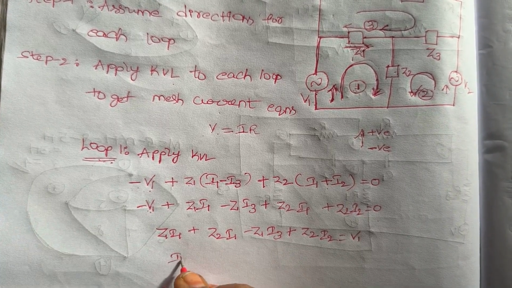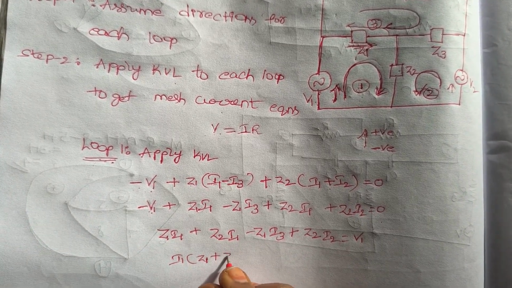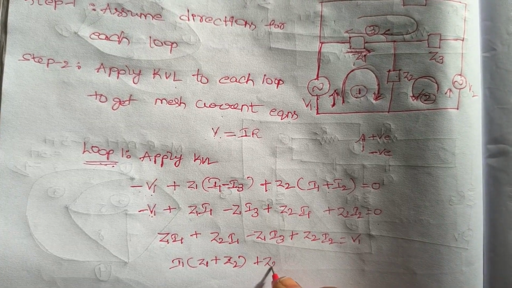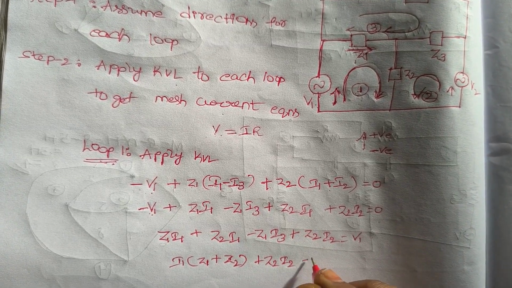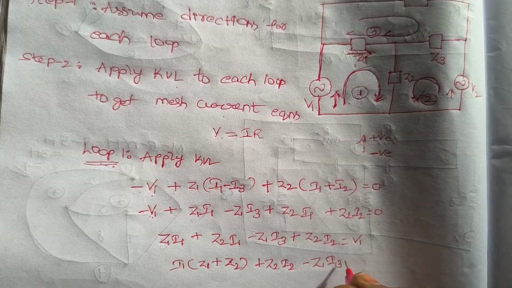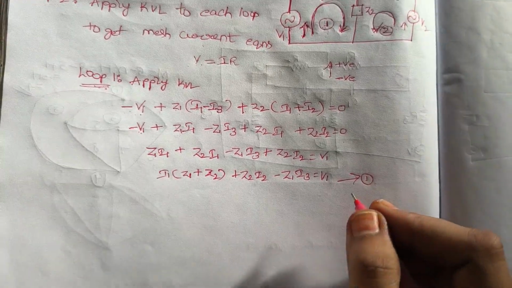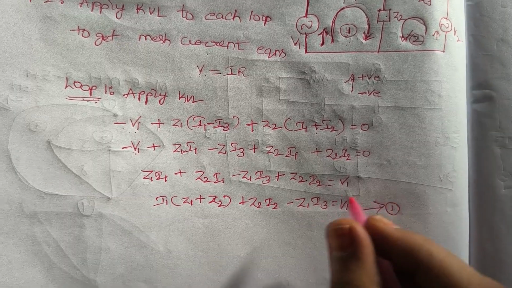Here I1 is common: I1 times Z1 plus Z2, plus Z2 I2 minus Z1 I3 equals to V1. This is equation 1 for loop 1.